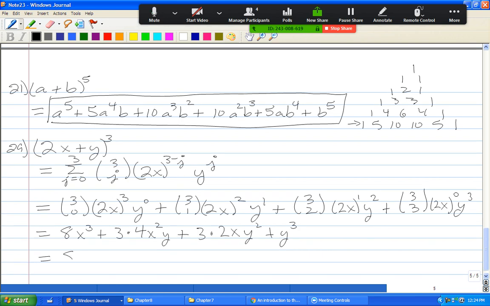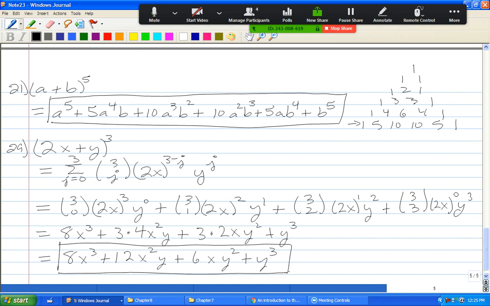And so I get 8x cubed plus 12x squared y plus 6xy squared plus y cubed. And that is your answer.